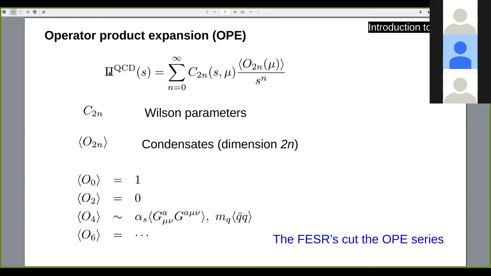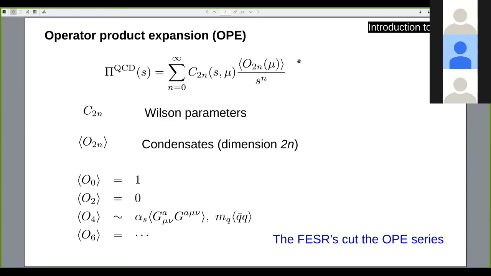For example, if we neglect masses, the expansion in s can be described in terms of operators accompanied by these Wilson coefficients. These Wilson coefficients are usually logs of s or some powers of s.